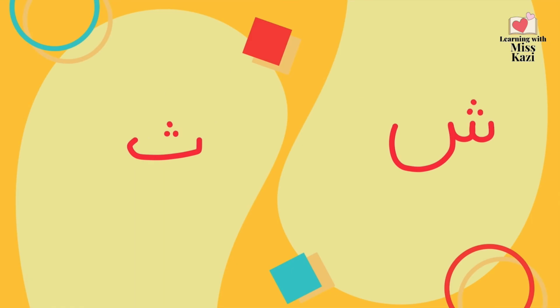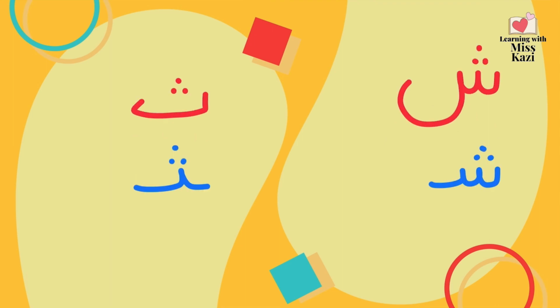Good. But do you remember we have another letter which has 3 dots on top? The letter Tha. Sheen has 3 dots on top and Tha has 3 dots on top. But don't get confused because Sheen looks like the teeth of a beaver and Tha looks like a pointy wave.